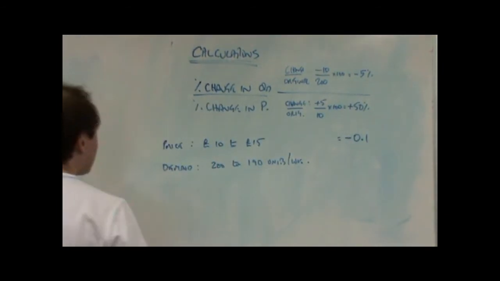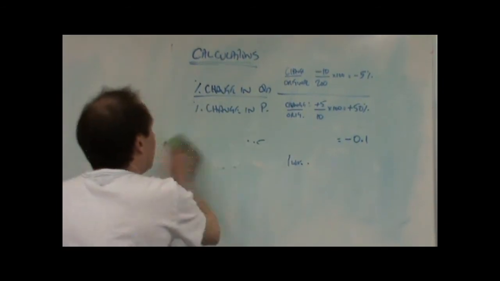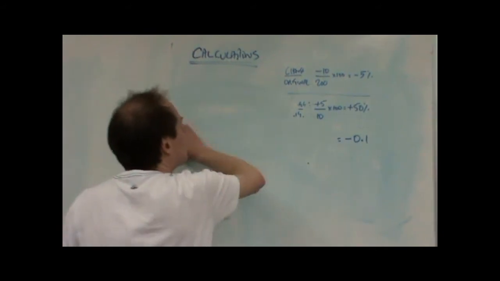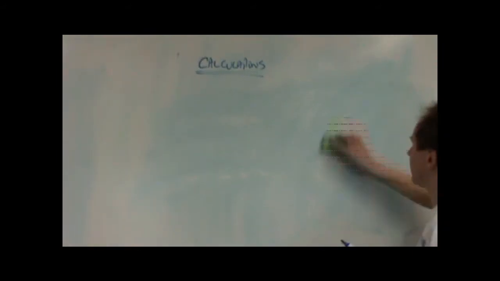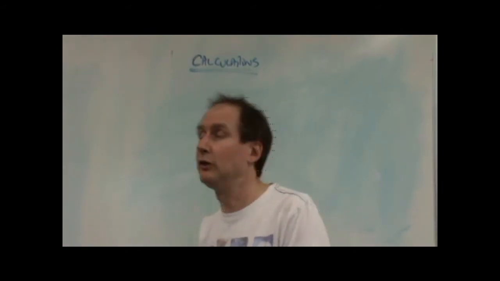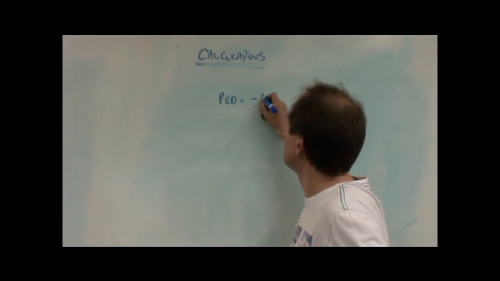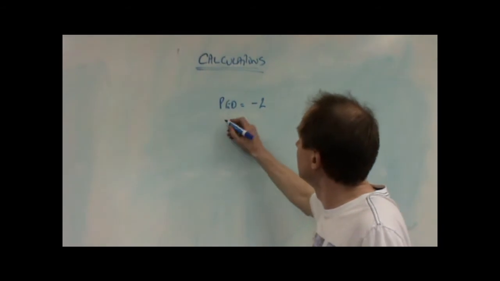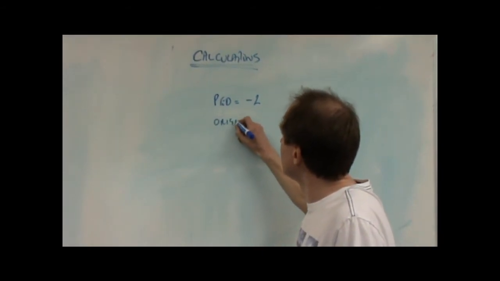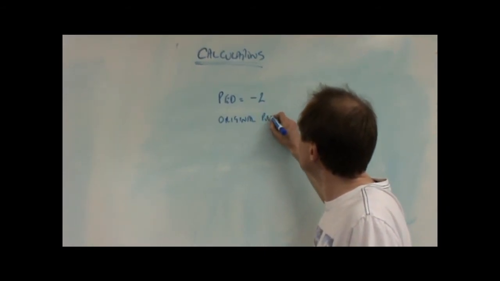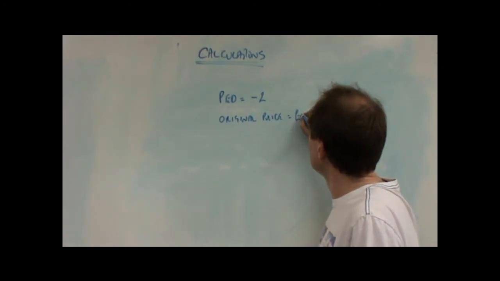Okay, so that's the thing that you're most often required to work out. And sometimes they'll ask you to use price elasticity of demand. So they'll tell you price elasticity of demand is minus 2. They'll tell you that the original price was £10.